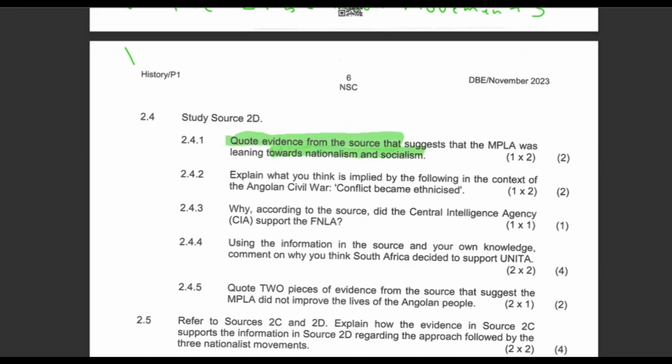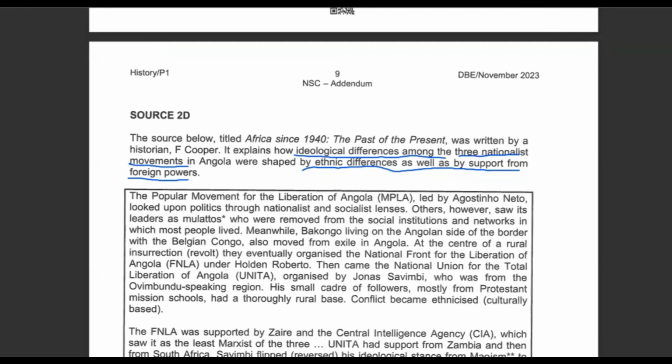So if you go back to the source, you'll find evidence of the first statement. It says the Popular Movement for the Liberation of Angola, which is the MPLA, was led by Agostinho Neto. It looked upon politics from a nationalistic... So we start highlighting from "nationalistic."